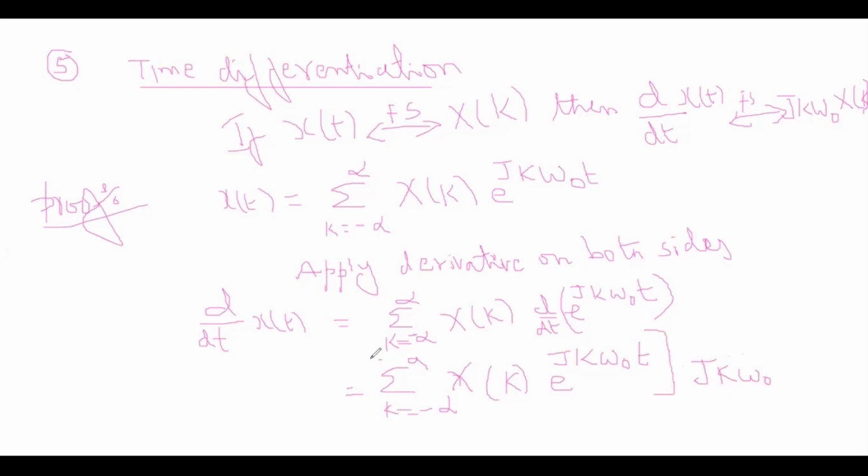Okay. This is a fact. You see, this is the same equation: sum of k equal to minus infinity to infinity x of k e power j k omega naught t.